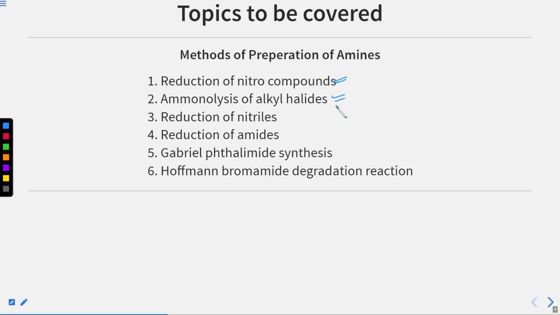Like hydrolysis, it is similar to that: in hydrolysis we treat with water, in ammonolysis we treat with ammonia. Then the reduction of nitrile. Nitrile looks like this: triple bond N, and then an alkyl group is attached here. Then the reduction of amides. Amides look like this.